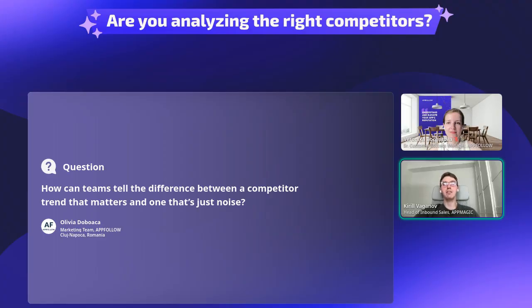You should have a crystal ball to be able to tell that this is actually a trend you should pay attention to, and this is just noise. So a lot of that is just trial and error, I think, or just not being excited by every single shiny new thing that's happening on the market. So give it some time and see if it's actually going to mature well, because a lot of the time, only time can tell whether or not something was a trend or craze.